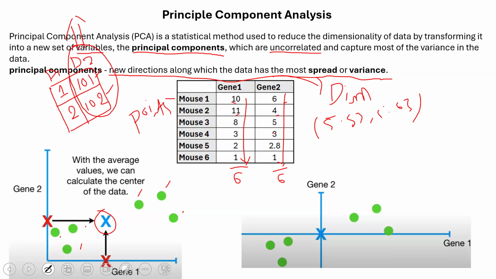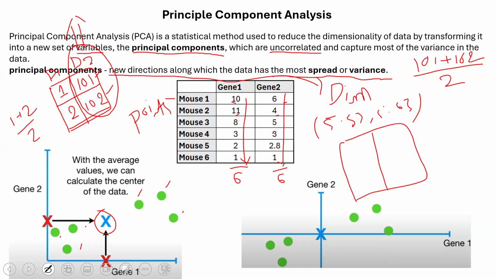So just take the example of this. If you take the mean of this, what happens? 1 plus 2 by 2, and 101 plus 102 by 2. If you subtract these means from these values, just look at how the new values look. 1 plus 2 by 2 is 3 by 2, which is 1.5, right?